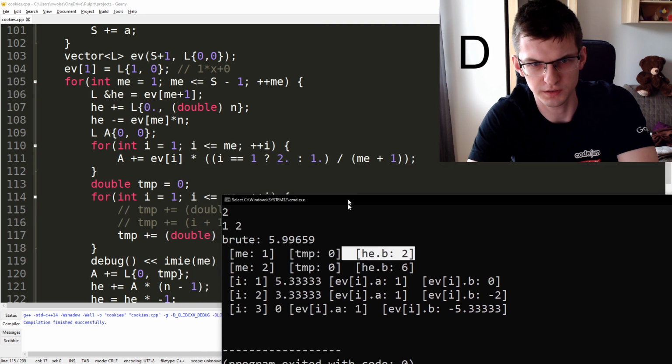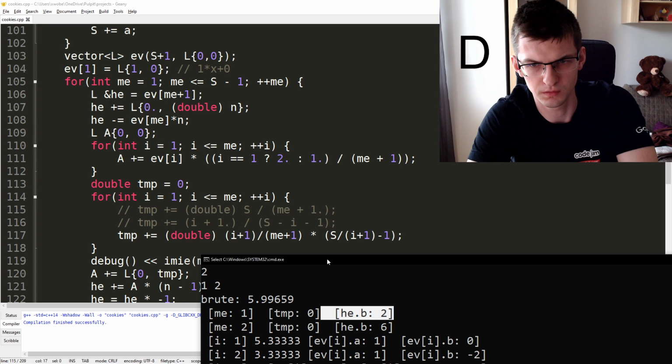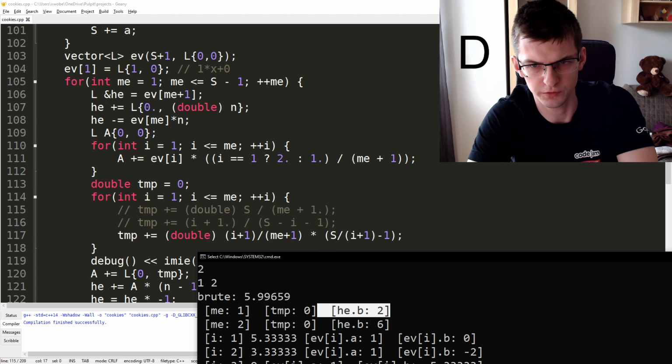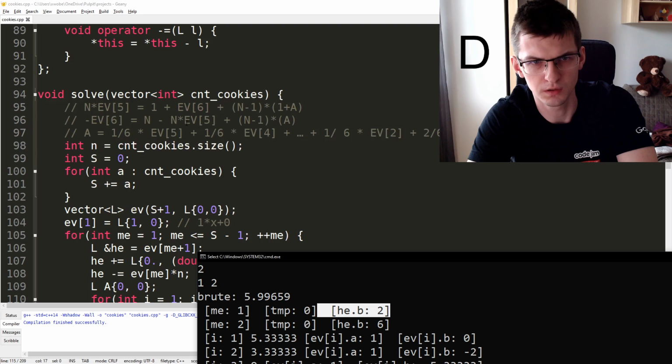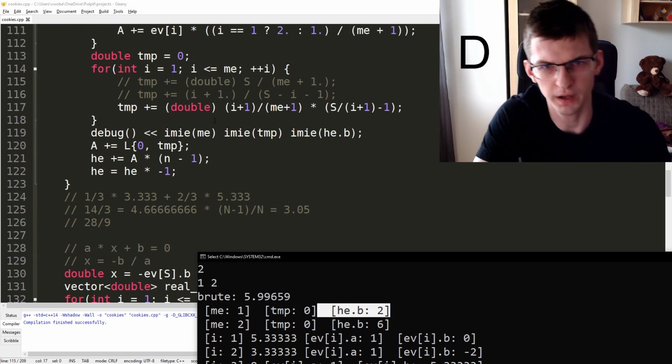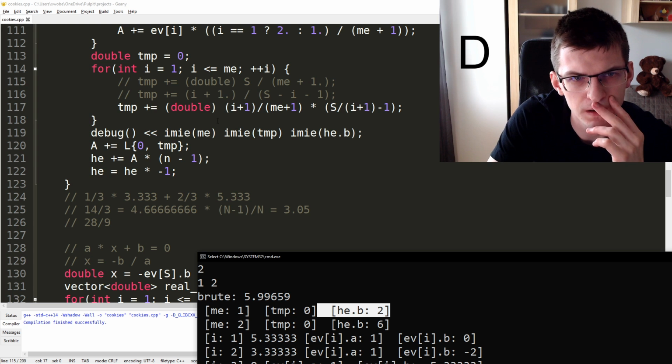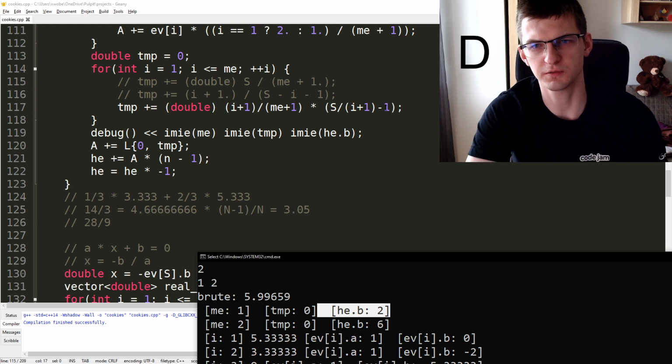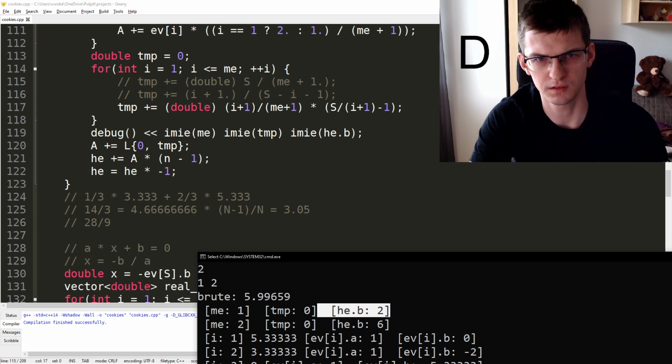TMP was computed as 0. 3 over 2. Why? This should be 3 second minus 1, a half. Why is TMP 0?